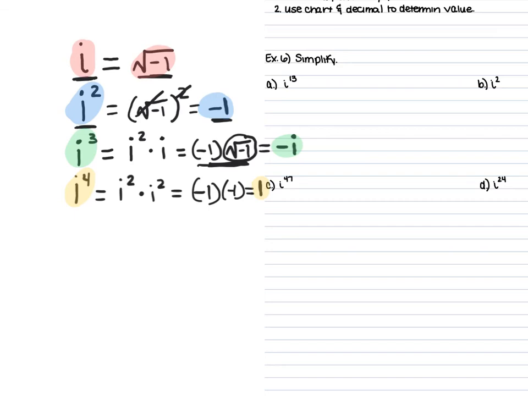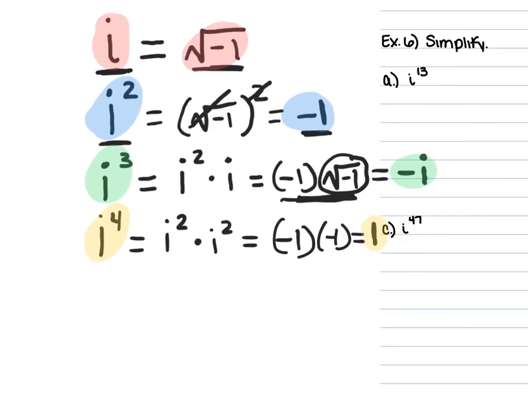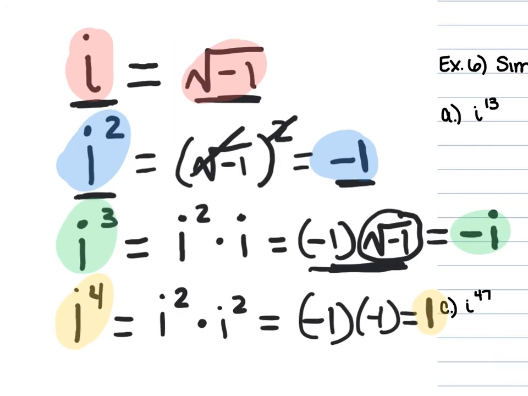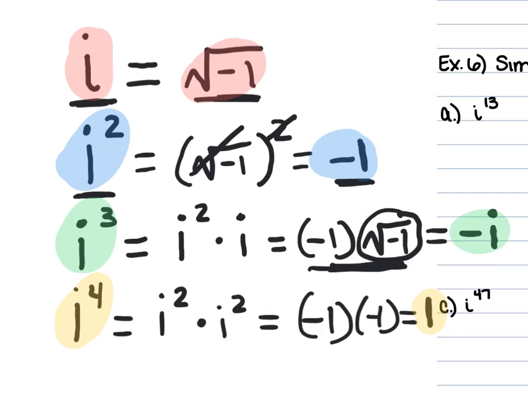Now here's how we do it. We're going to use this as a cheat sheet and come back to it in just a minute. Notice that there are 4 choices. I'm going to tell you that every i in the world will be one of these 4 choices. Is the i to the fourth, where it says 1, still an imaginary number? No, because i squared becomes negative 1, and negative 1 times negative 1 is a real number.